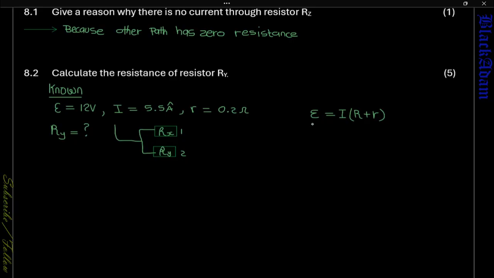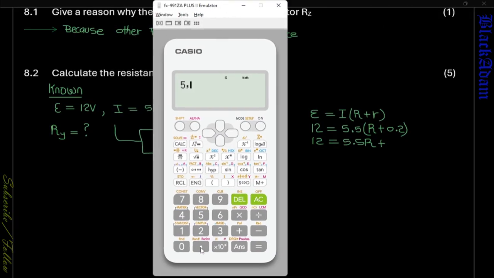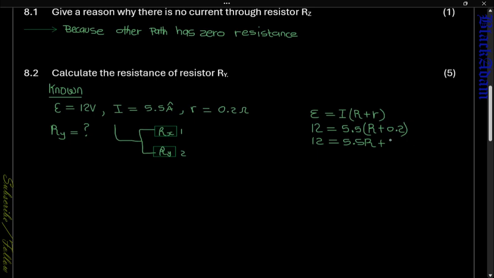So 12 equals 5.5 times R plus 0.2, and simplifying further we have 5.5R plus 5.5 multiplied by 0.2, which gives us 1.1.